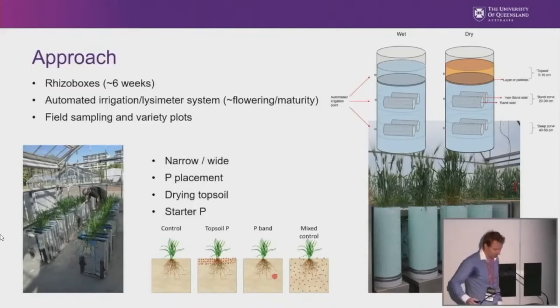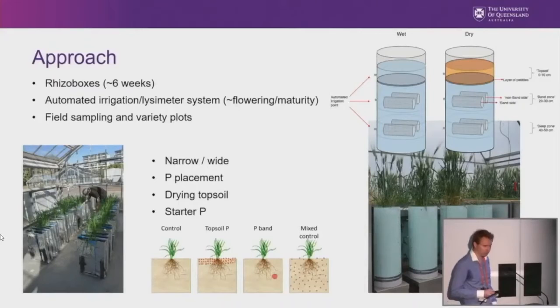Essentially, I collected two contrasting genotypes from breeders, one with a narrow root angle and one with a wide root angle, and they're supposed to deliver deep or shallow roots. Then I play around with phosphorus placement, with a drying topsoil, which is interesting because of this drying and early season dynamic, and with some starter pea.